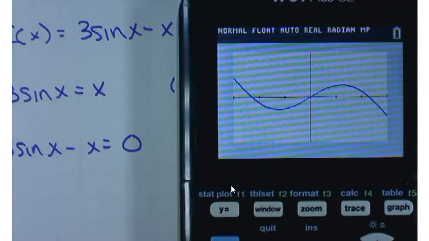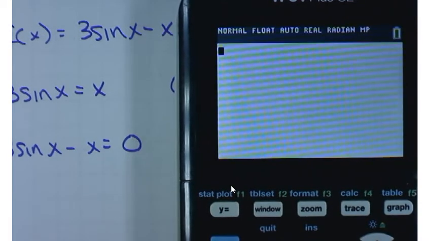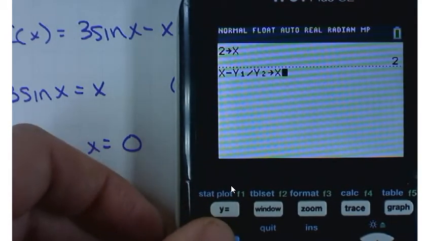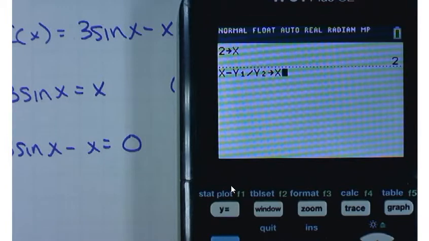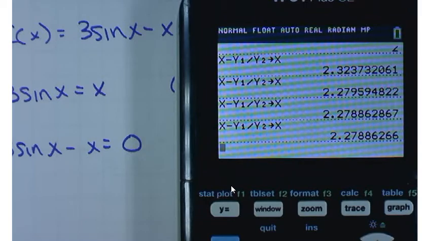I'm just going to keep it simple at 2. So clear out of here. 2, store in x. And then recall my previous functions and let the calculator do its magic. Nice. So after 4 iterations, you get something about like that. I don't think we're going to get much better than that.